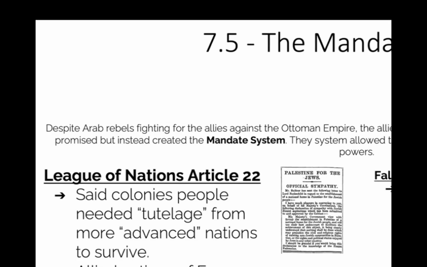Okay? So, the mandate system is post-World War I. You need to know that because it's easy to get confused. It's on the front of your brain dump. The mandate system is the division of the Middle East after World War I to England and France with preference to the United States.